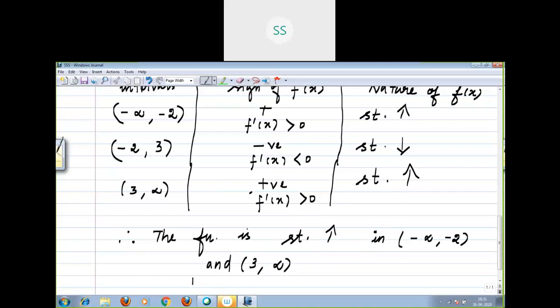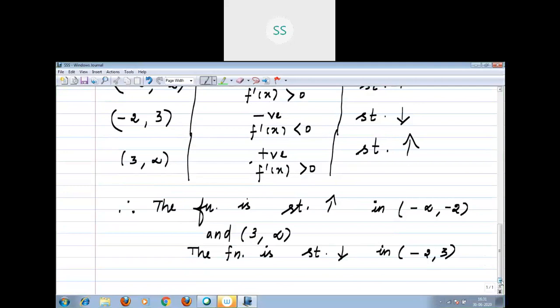Next, the function is strictly decreasing in the interval, what? Minus 2 comma 3.